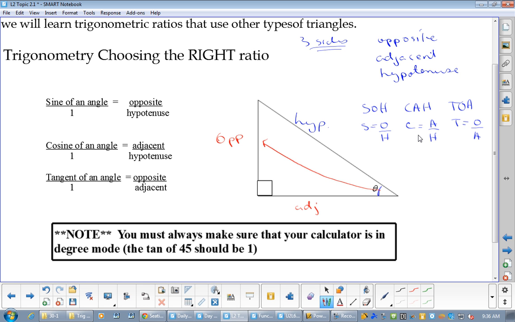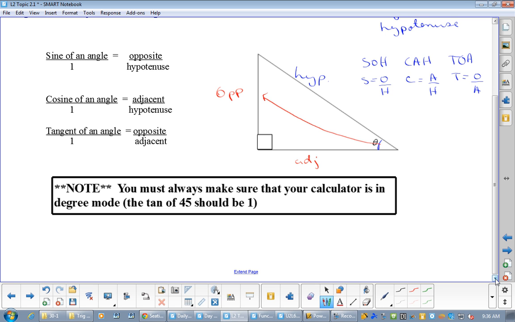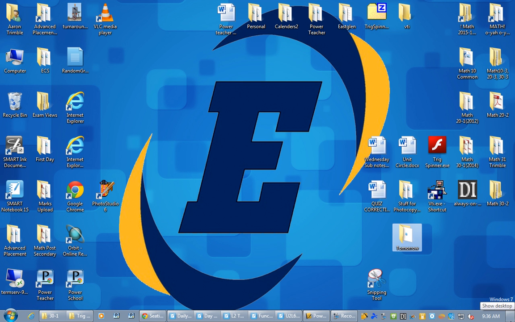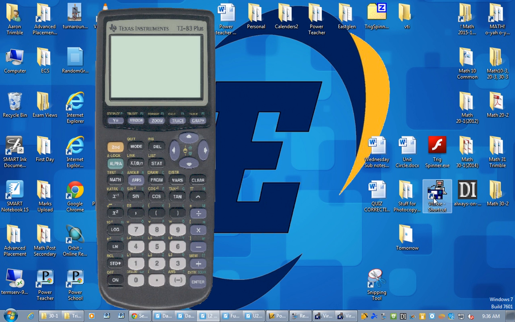Okay? Now, if you have a TI 83 plus or a TI 84, there's something you need to know. If you turn your calculator on, it's always important. And do you see the mode? Hit mode right here.